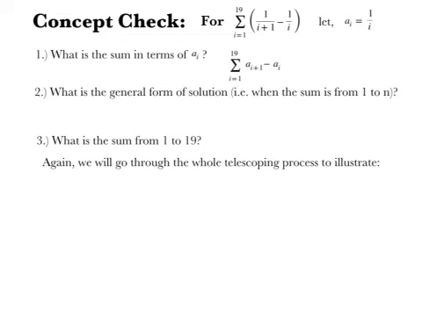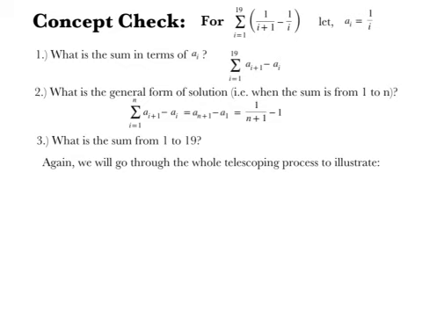So what we expect then is for our general solution to take the form of a of n plus 1 minus a sub 1, because we're not dealing with 0 and we're not dealing with b, we're dealing with 1. So using this, what is the sum from 1 to 19? Well, obviously, we can just plug 19 in for n.